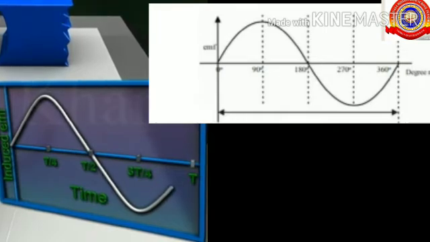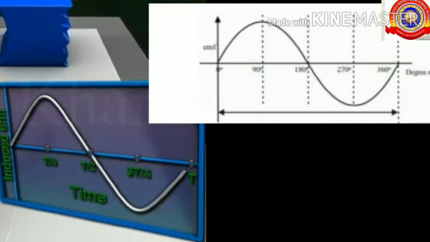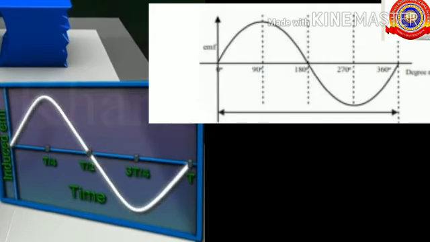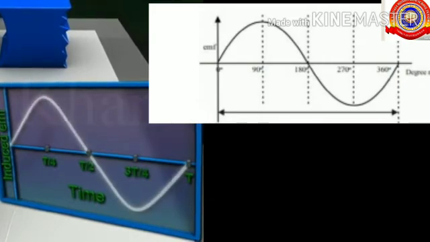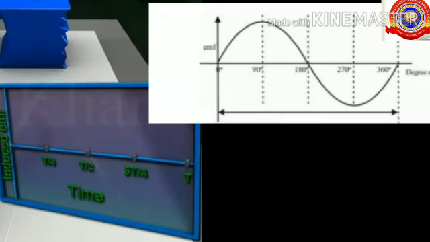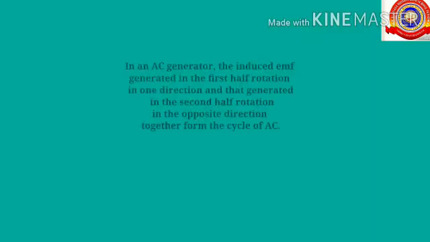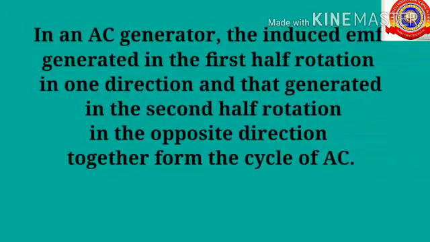In an AC generator, the induced EMF generated in the first half rotation, that is the 180 degrees, and after 180 degrees it comes to the second half rotation in the opposite direction.